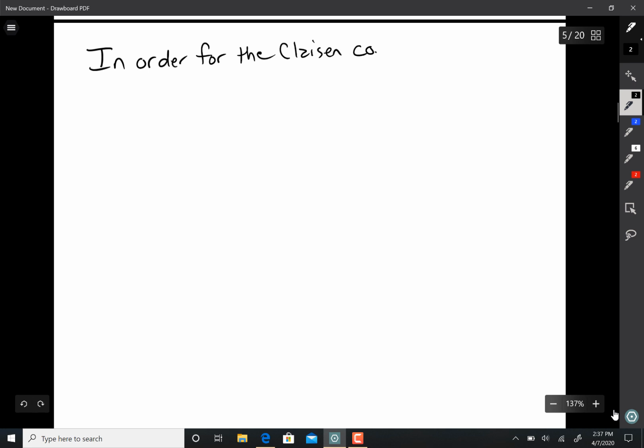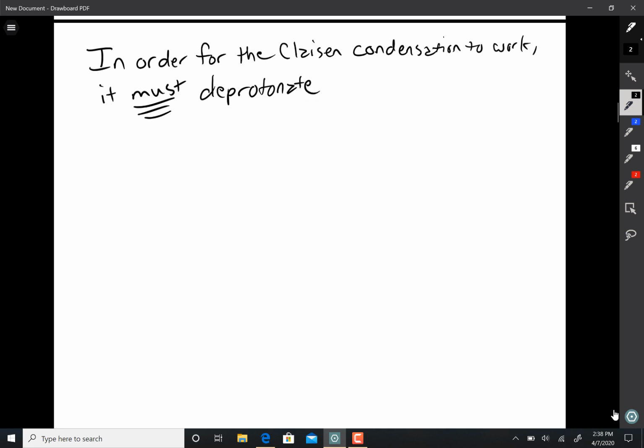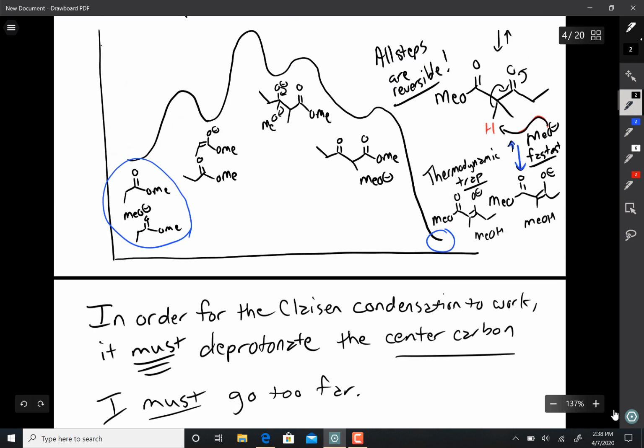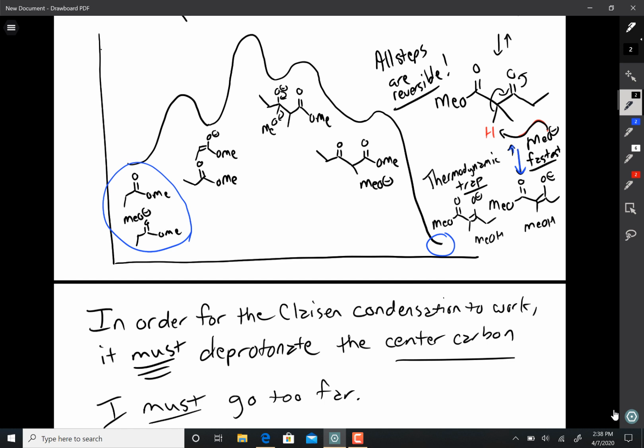In order for the Claisen condensation to work, it must deprotonate the center carbon. It must go too far. It has to fall into this thermodynamic trap.